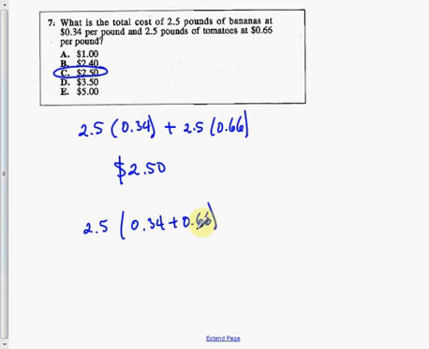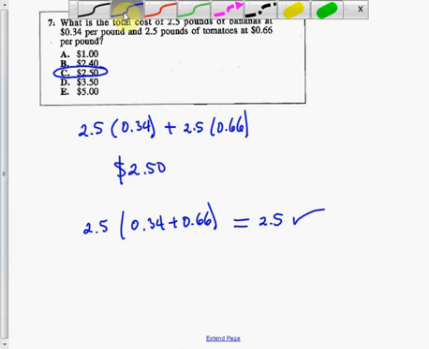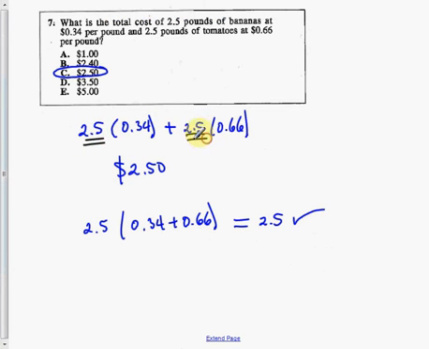What's 0.34 plus 0.66? 1. Right? So you just get $2.50. You can do that when you have a common term that shows up in both places.